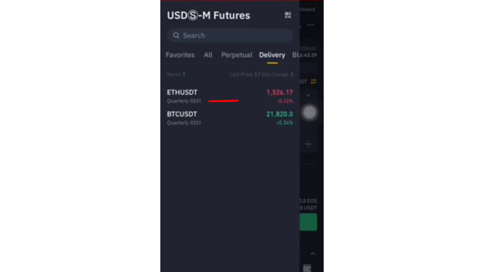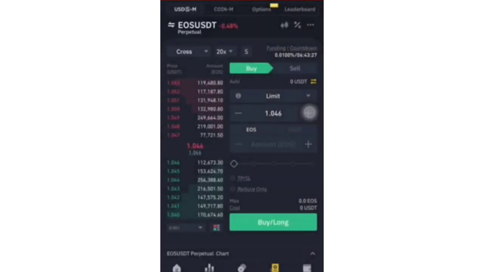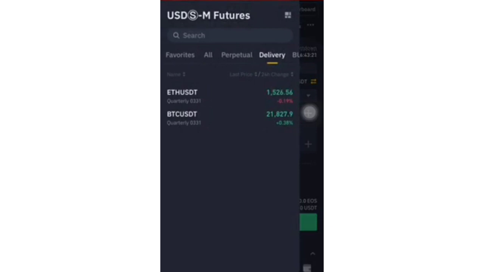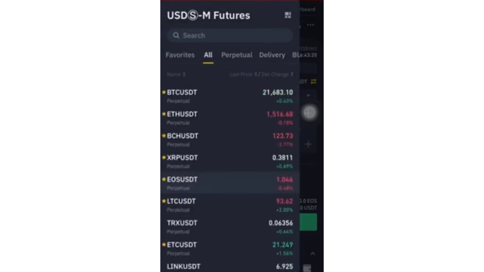So I'm going to explain this quarterly to you guys. What perpetual simply means is that the current cryptocurrency pair is lasting forever. It's not of limited time.